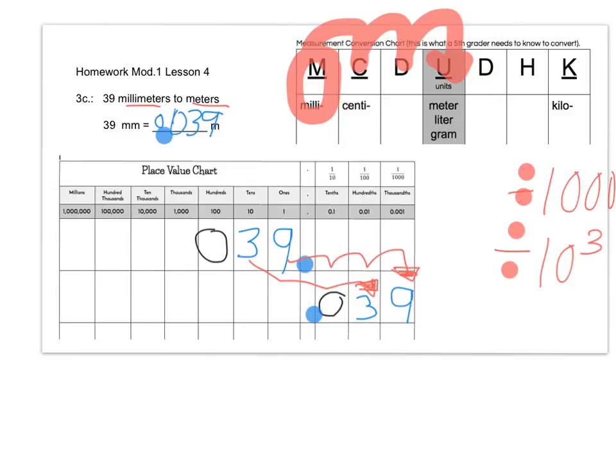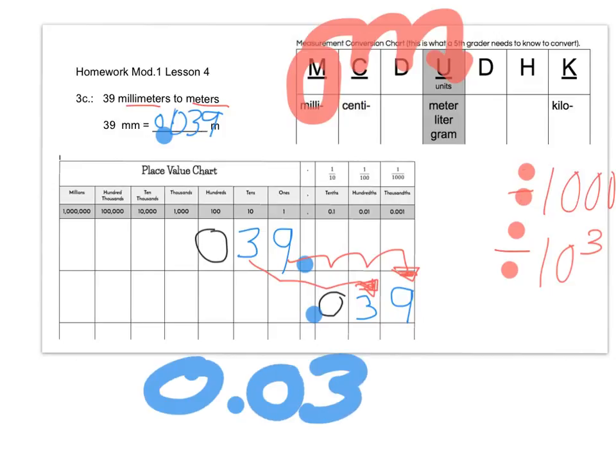And it's hard to see my decimal point, which would be right there. So our answer would be 39 thousandths, or 0.039 meters. And again, your equation would be taking your 39 and dividing it by 1,000, or writing 39 divided by 10 to the third.